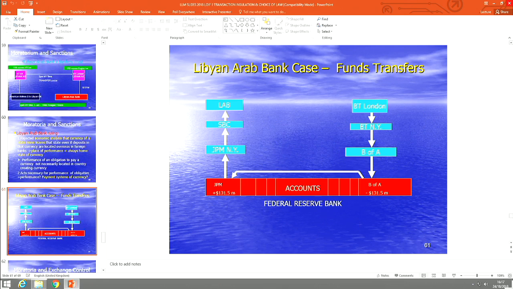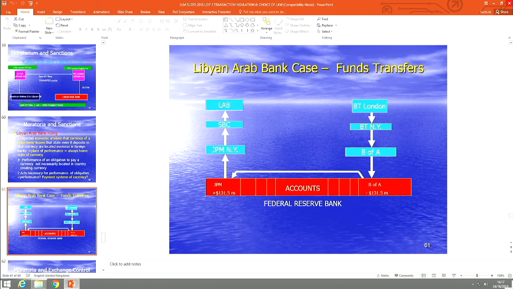Because in order for Bankers Trust London to transfer the $131 million to the Libyans, the only way you could do it is through a series of electronic instructions given by Bankers Trust London to Bankers Trust New York, which would have given instructions to, say, Bank of America, that's an example, to transfer the $131 million to Libyan Arab Bank.